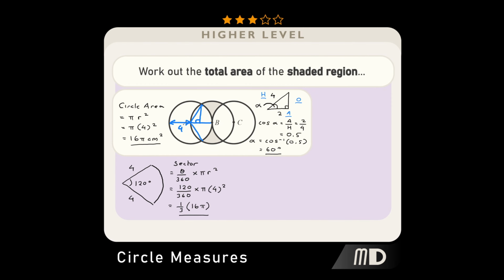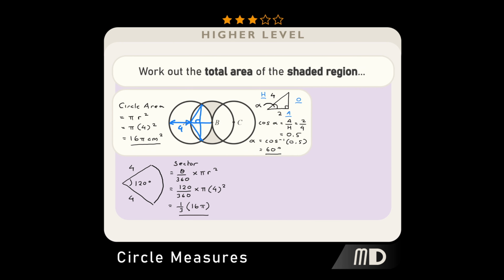Inside the sector is an isosceles triangle with 2 equal sides formed by the radius of the circle with an angle of 120 degrees.